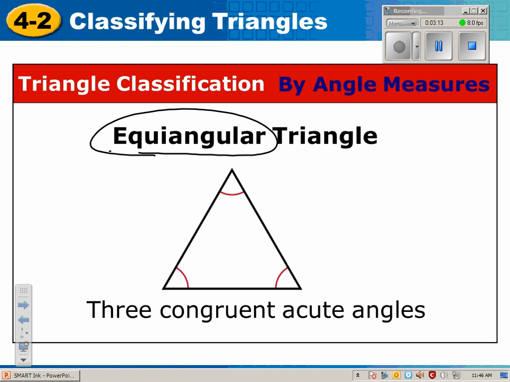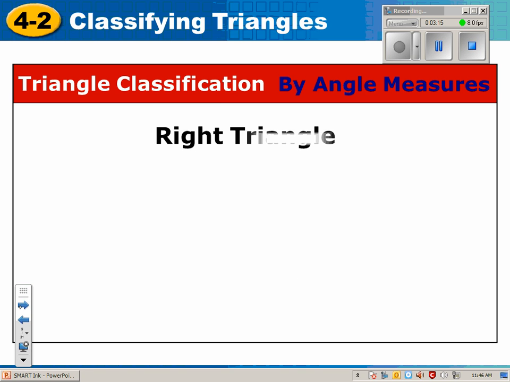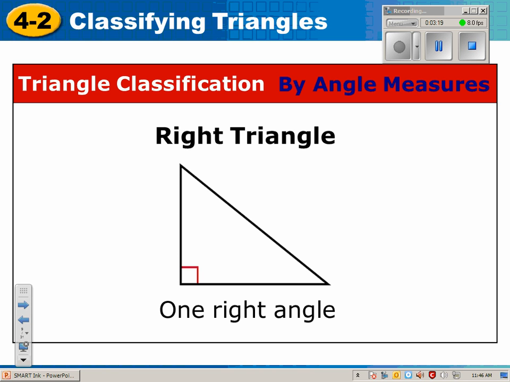Okay? All right, next one is if it's a right triangle. A right triangle is going to have only one right angle, unless we're on a sphere. There are two types of geometry. There's plane geometry, which doesn't mean like plane in the sky, but it means you're plane, like a flat surface. And that's what we learn in here.